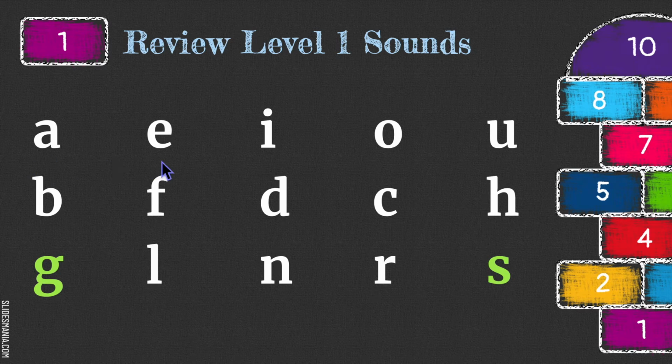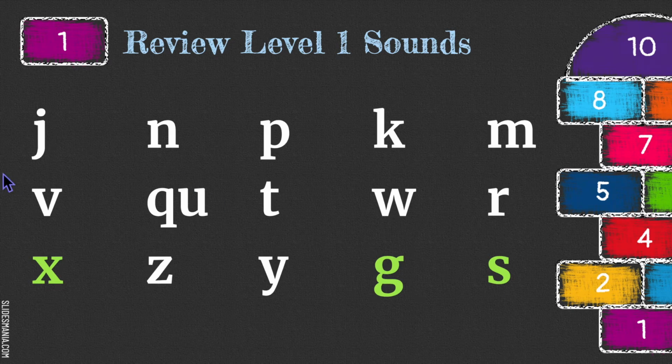Ah, eh, i, ah. b, f, d, k. We've learned two sounds, g and j, but all the words we're using so far use the hard G sound of g. l, n, s, z, j, n, p, k, m, v, qu.